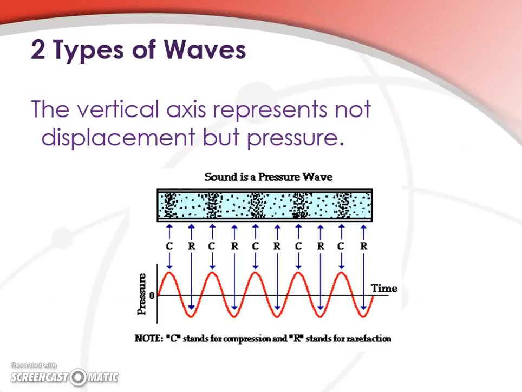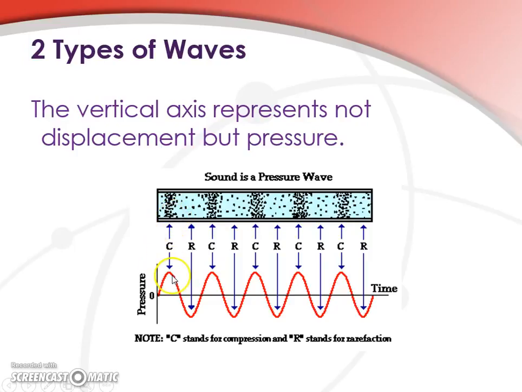So how can we reconcile those two models? Well, instead of looking at the pressure wave in the way we were looking at it previously, if we instead look at a plot of pressure versus time, then we can translate those compressions and rarefactions.